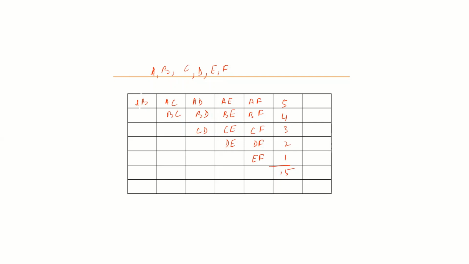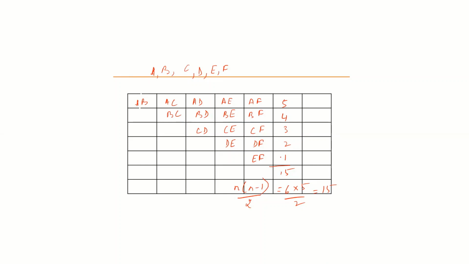One simple way of looking at this question is it follows the formula n into n minus 1 by 2, where n is the number of participating teams. So in this case, it would have been 6 into 5 by 2, that is equal to 15. Or what we see here is basically the sum of the first n natural numbers.